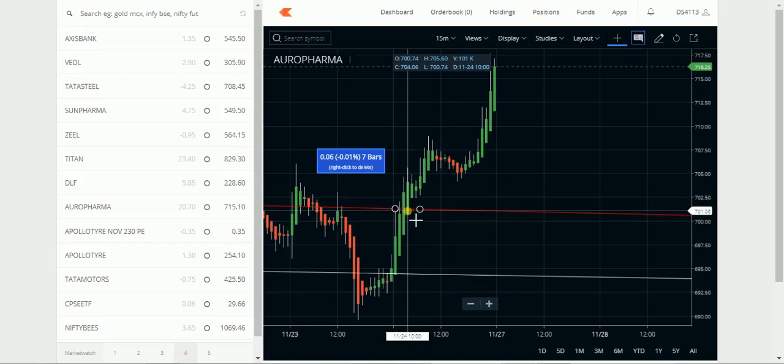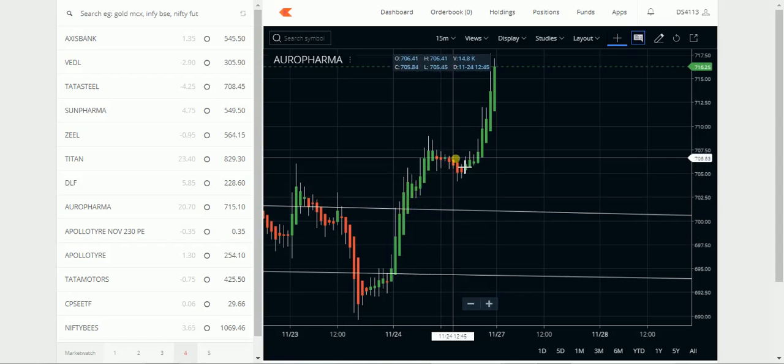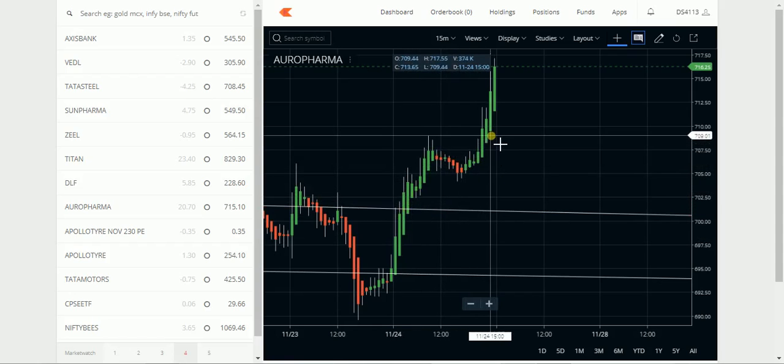So as you can see, 7 rupees from 701, it has reached 708 somewhere in this candle. So at this candle or at this candle it has already reached 708, and it will automatically exit from the market and give me the profit of 7,000.